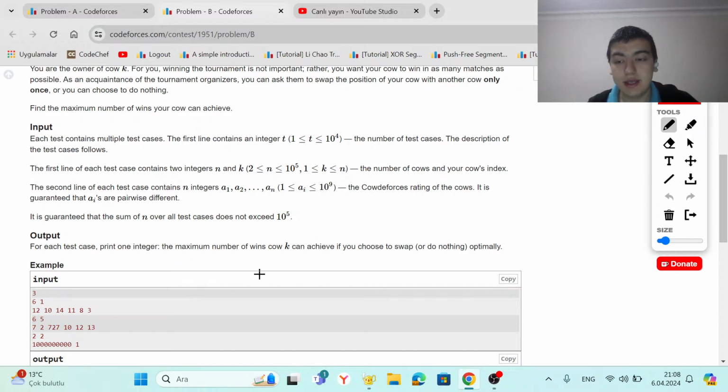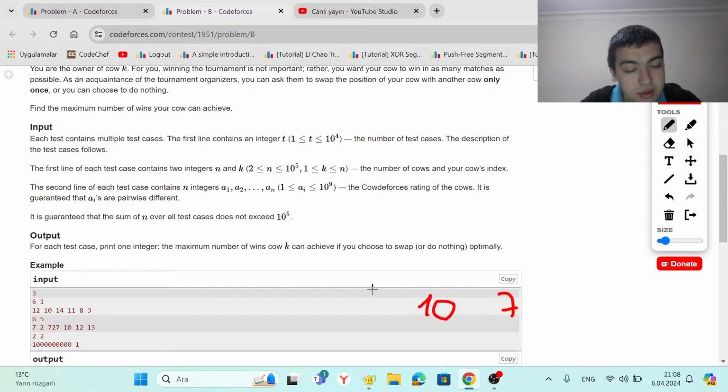Okay, let's say our rating is 7, and we have an element with a rating greater than us on our left, let's say 10.